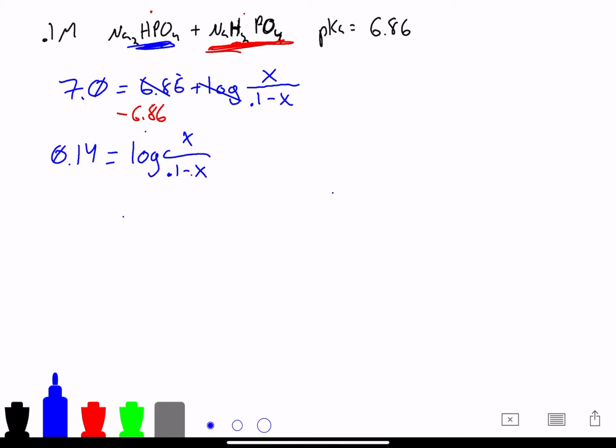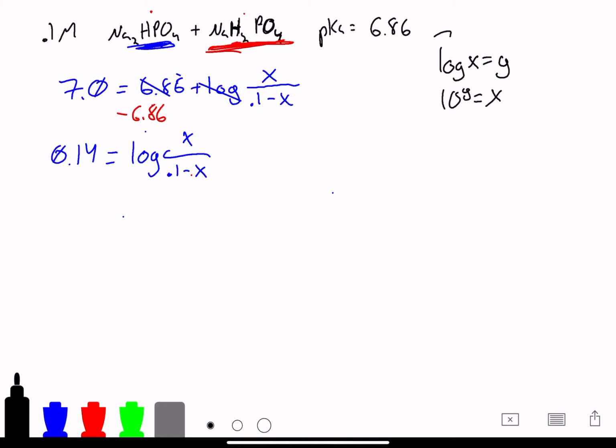Next step we need to do is get rid of the log. So if you remember, if the log of x is equal to y, then 10 to the y is equal to x.